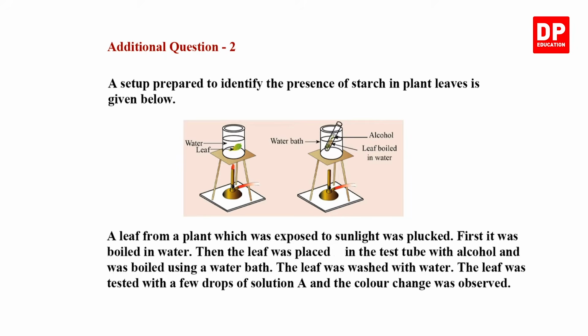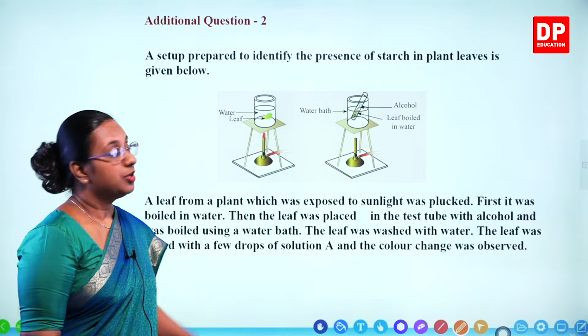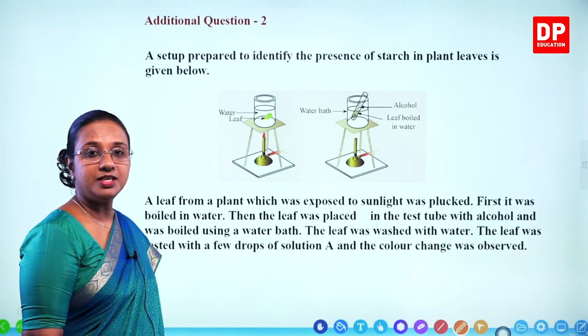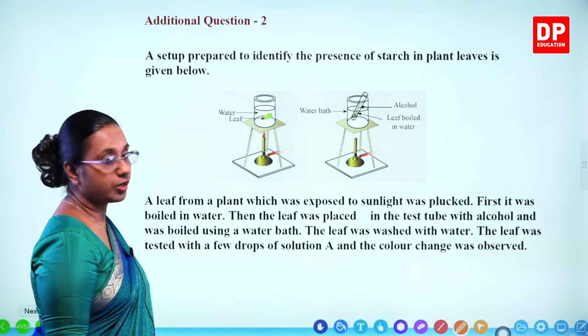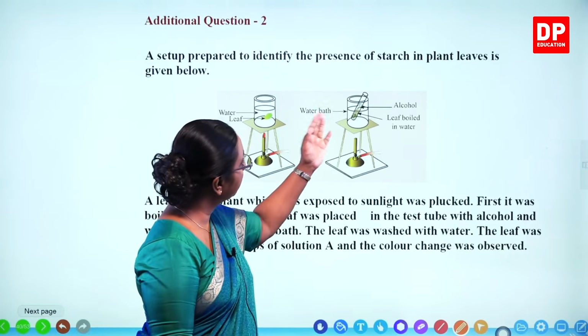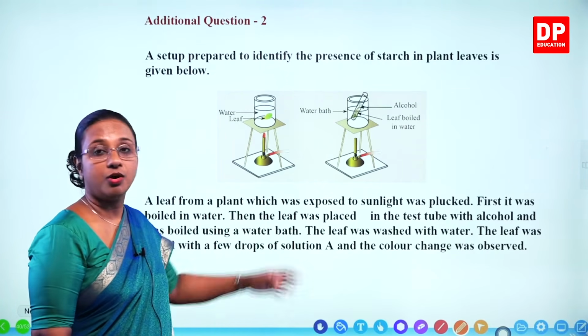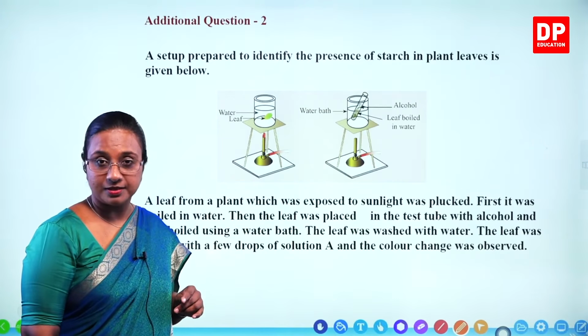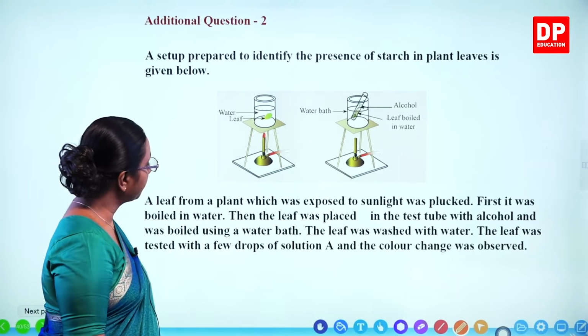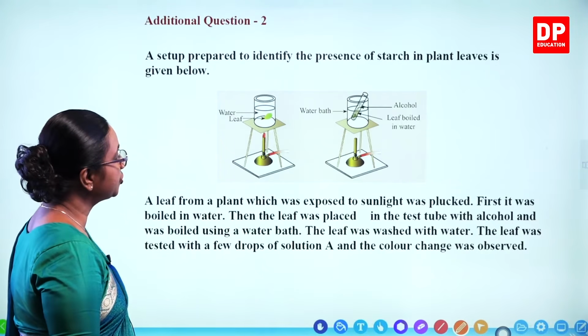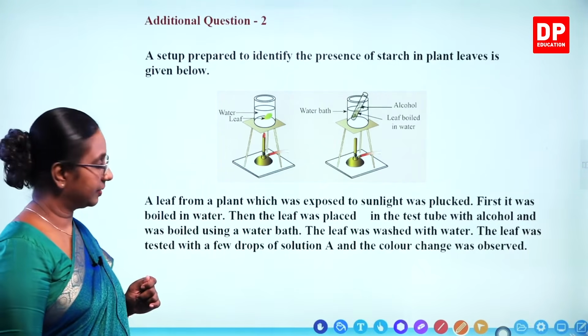Additional question 2. A setup prepared to identify the presence of starch in plant leaves is given below. So, you know this activity as you look at the picture, boiling the leaf in water, and the next step, boiling the leaf in alcohol using a water bath. You are familiar with the steps. A leaf from a plant which was exposed to sunlight was plucked.